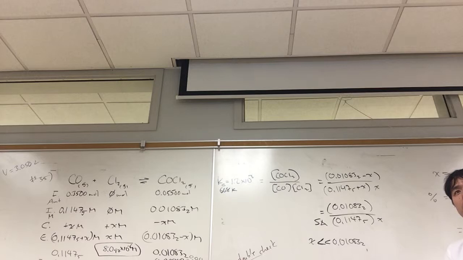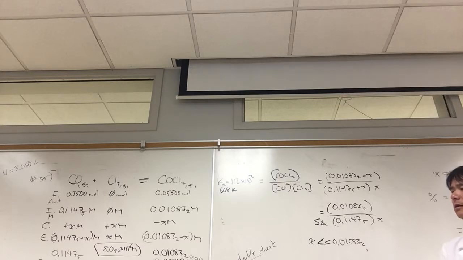Someone have it? Just punch out 0.010823. We carry extra digits to avoid round off there. 3902. Then divide by 8.097 times 10 to the minus 6.